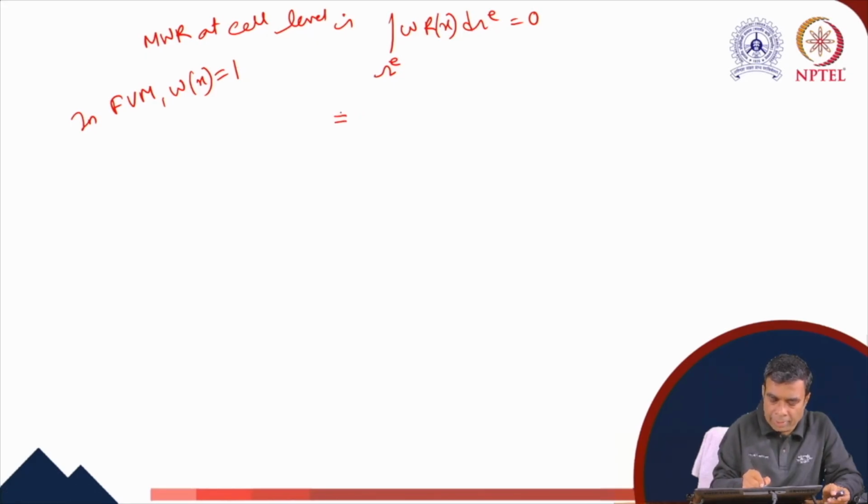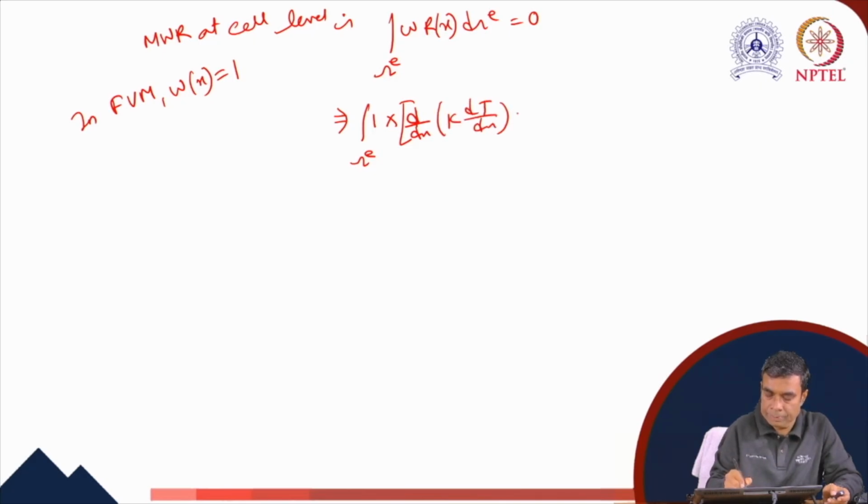So we can write it as integration over omega e of 1 into (d/dx of (k dT/dx) plus q) d omega e, that is dx, equals to 0.